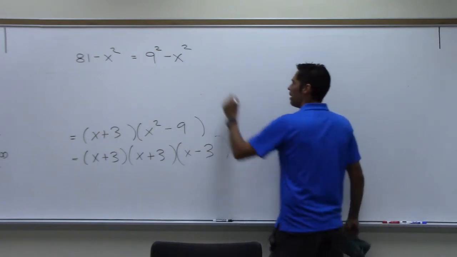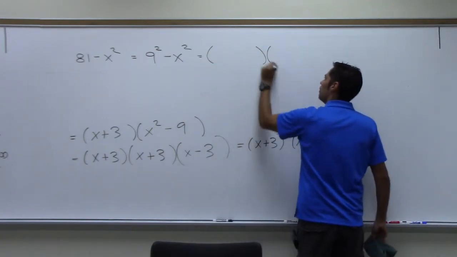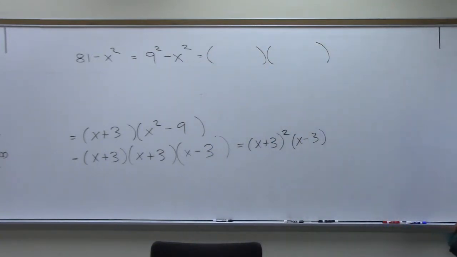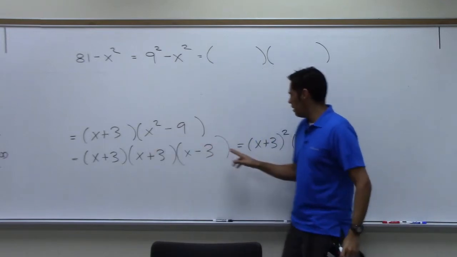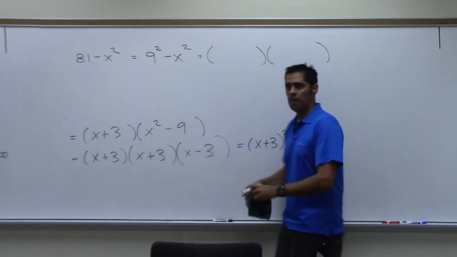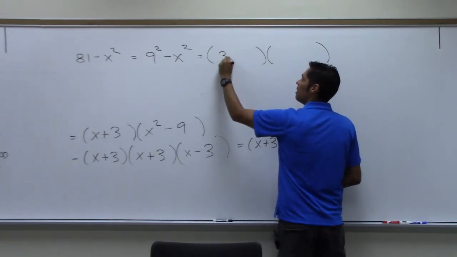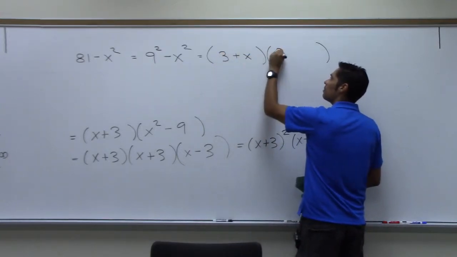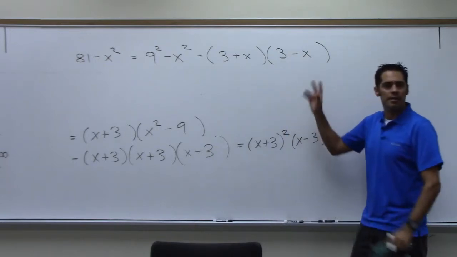So it should look a lot like what we just did. What's different though? Instead of x plus 3, x minus 3, they're switched. So it should be 9 plus x, 9 minus x. Notice how they switched roles.